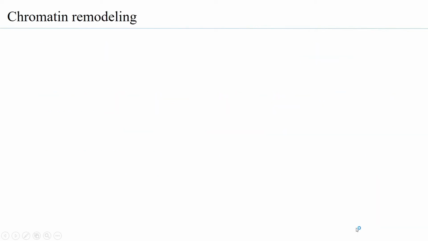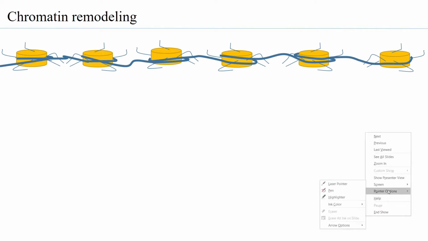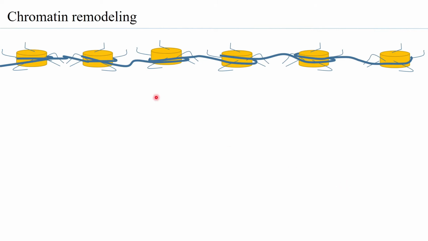So now let us look at a little overview or aspects of chromatin remodeling. First, let us understand what we really mean by chromatin remodeling, or what is basically the need for chromatin remodeling. Let us consider over here the bead and string structure.